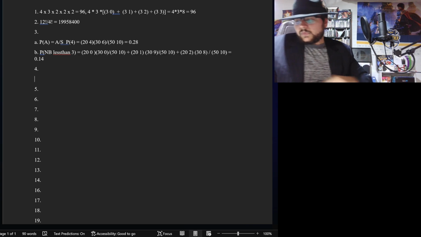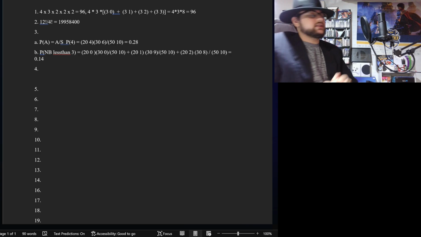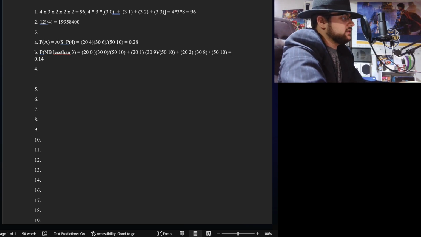Okay. Question 4. 5 cards are dealt from a shuffled deck. What is the probability that the hand contains exactly one ace, and at least one ace? First, very easy.